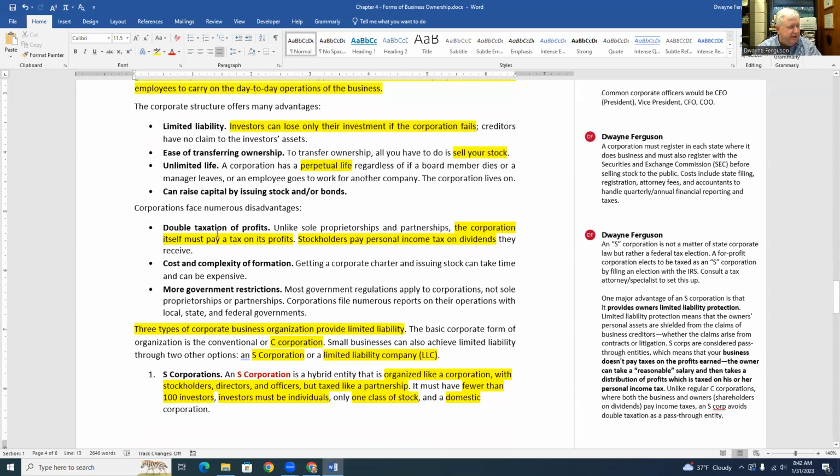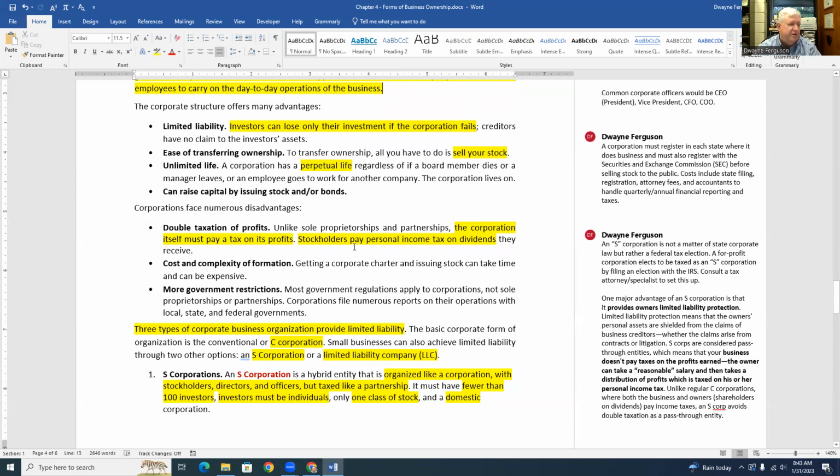Here's the main disadvantage. It's double taxation. It says, unlike sole proprietorships and partnerships, the corporation itself must pay taxes on its profits. So the business itself pays taxes on what they make. But then a certain amount of salary is paid to the president, and a certain amount of salary is paid to a manager in the company. Well, they go home and they pay their personal income tax on their salary.